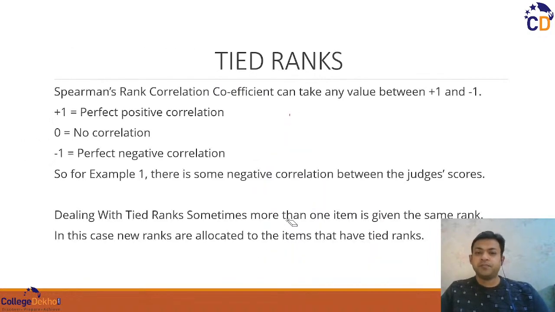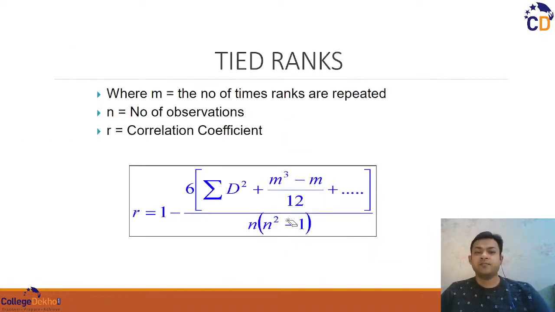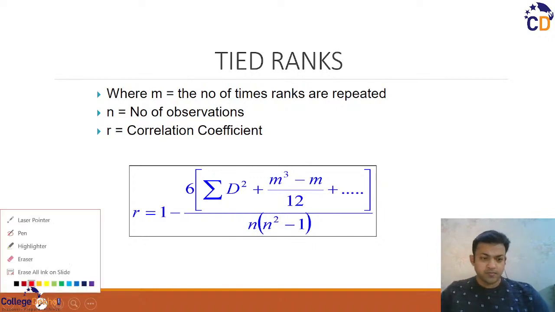Now let us come to the case of tied ranks. The formula for tied ranks is: rank correlation R is equal to 1 minus 6 times, within box brackets, summation of d square plus m cube minus m divided by 12, and we keep on adding this for all the tied cases, the entire thing divided by n times n square minus 1. Let me just highlight the part which makes sense to us.